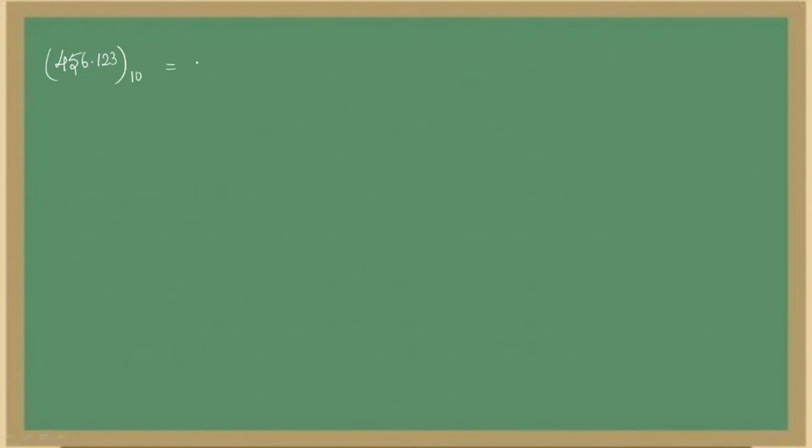How can I write this one? 4 is in hundreds position, so I can write this as 4 into 10 square plus 5 is in tens position, so 5 into 10 power 1, and 6 is in ones position, so 6 into 10 power 0 plus you have one more coefficient which is 1, so 1 into, we need to come in a descending order, 2, 1, 0, and the next one is 10 power minus 1 plus 2 into 10 power minus 2 plus 3 into 10 power minus 3.